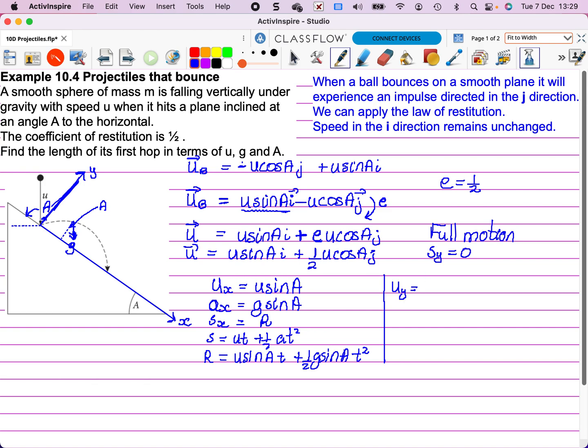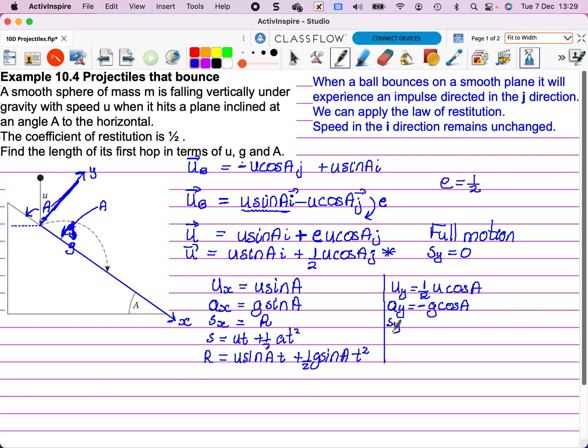Now, we know that u in the y direction, from the equation above, has been affected by the coefficient of restitution, and it's 1/2 u cos A now. We know the acceleration in the y direction, when we resolve it through this angle, is in the negative direction pointing downwards. So consequently, it's going to be g cos of the angle A, and it's going to be negative.